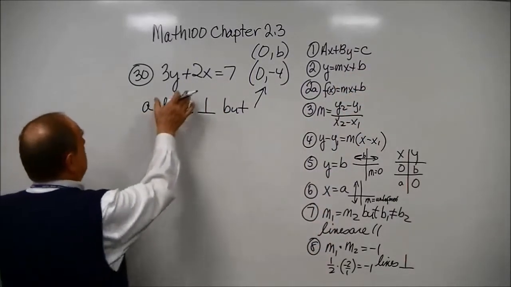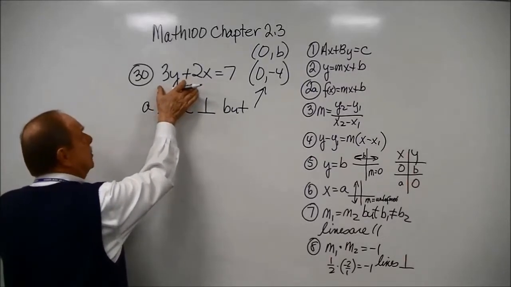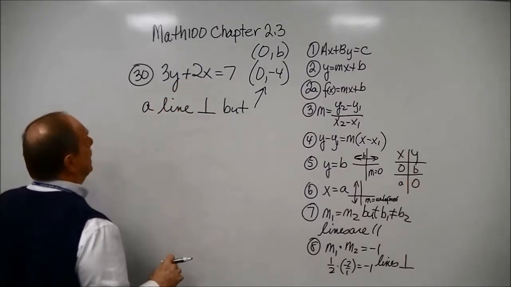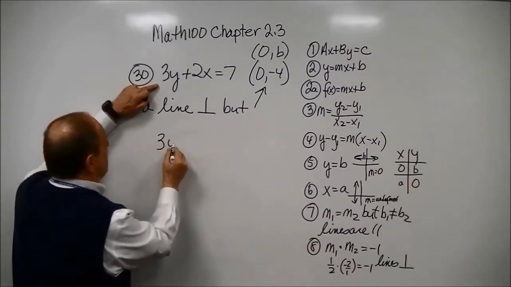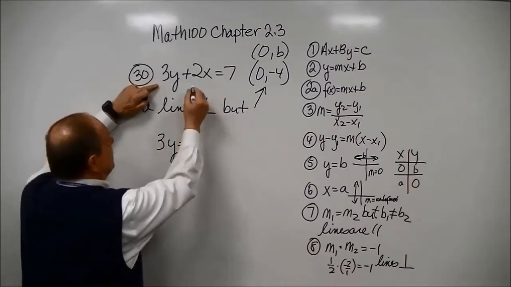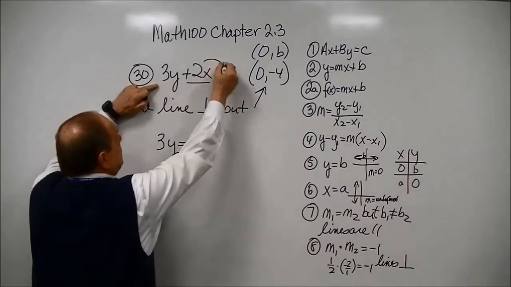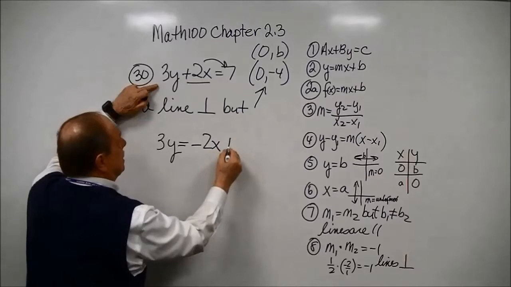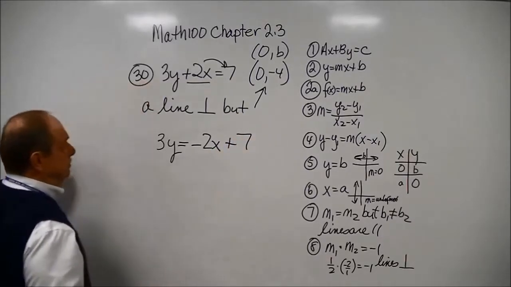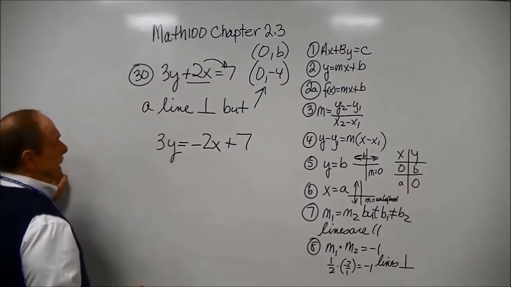So what we need to figure out is what's the slope of this equation. So we're going to solve it for y. 3y equals, I'm going to take this term, transpose it, negative 2x plus 7.